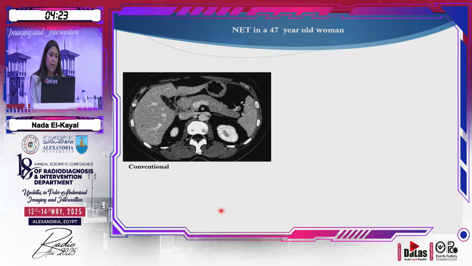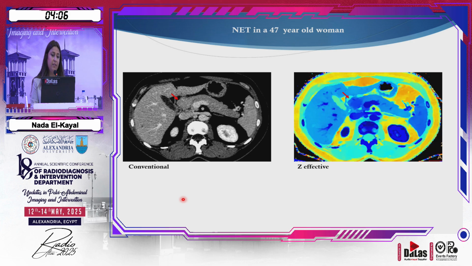Another is a neuroendocrine tumor in a 47-year-old woman. On the conventional venous phase image, the lesion cannot be differentiated from the surrounding pancreas. It is of the same attenuation. It could be identified by the distortion of the pancreatic border it is causing. However, on the Z-effective images, the lesion is much more conspicuous and it could be demarcated from the normal parenchyma.